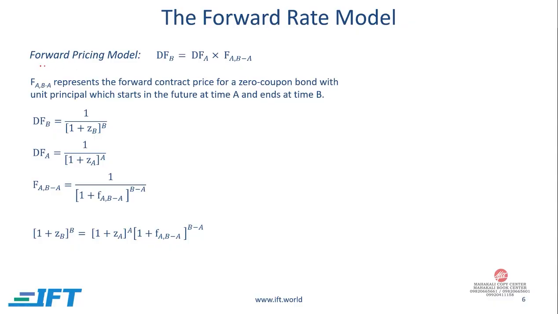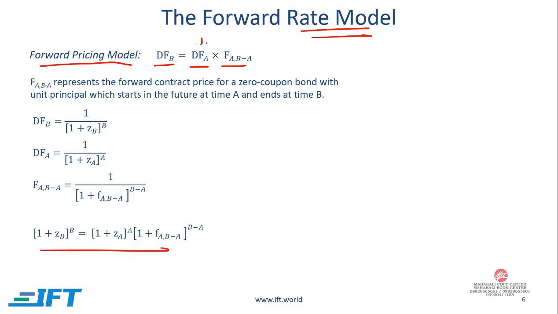We've talked about the forward pricing model, which is expressed in terms of the discount factors and the forward price. Now we are going to talk about the forward rate model, and we will look at how we can derive the forward rate model from the forward pricing model. It's actually quite straightforward. All we are going to do is take this discount factor and express it in terms of the spot rate.